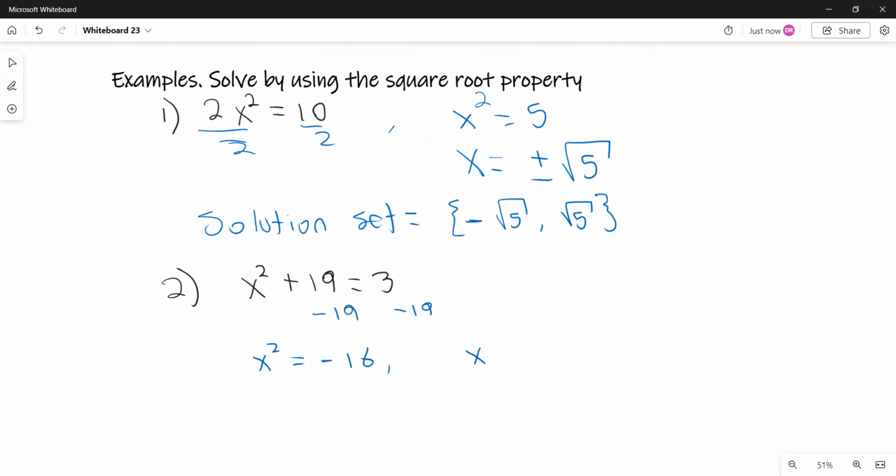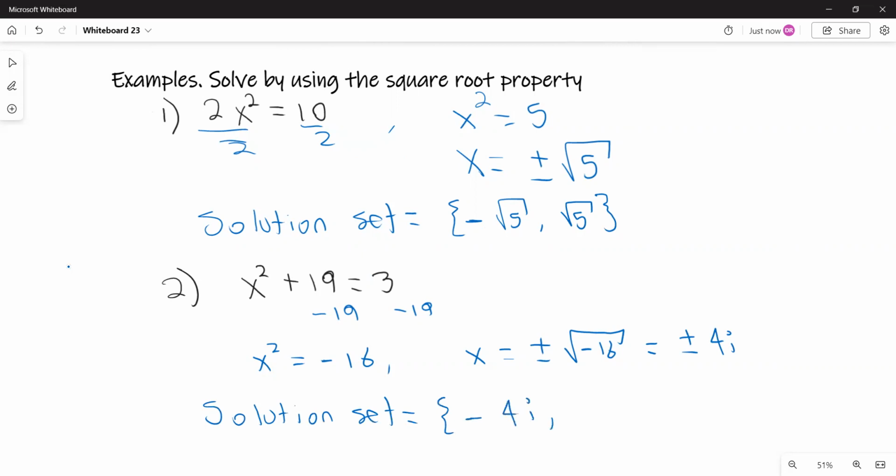So x is plus minus square root of negative 16. But you know at this point, if you have been watching the videos, that the square root of negative 16 is 4i. And that is the solution set: minus 4i, comma 4i.